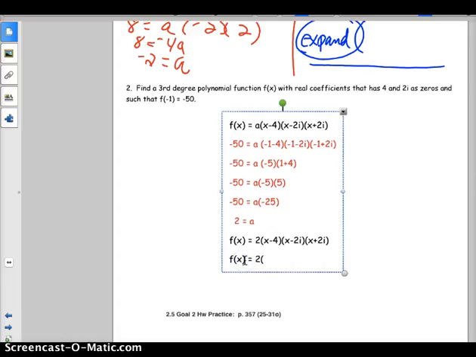Okay, so we have 2 times x minus 4. And remember, when we FOIL conjugates, that gives us first times first, so x squared. And then negative 2i times positive 2i is plus 4. And now we will FOIL again.